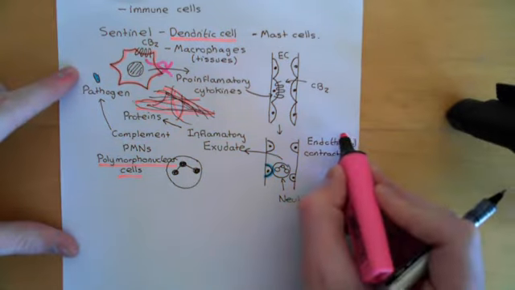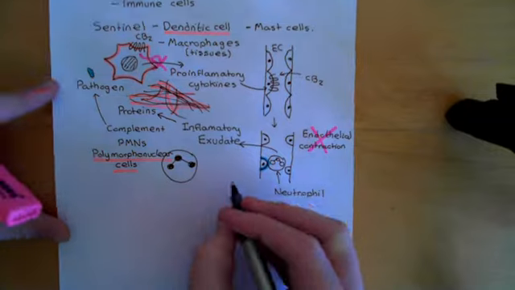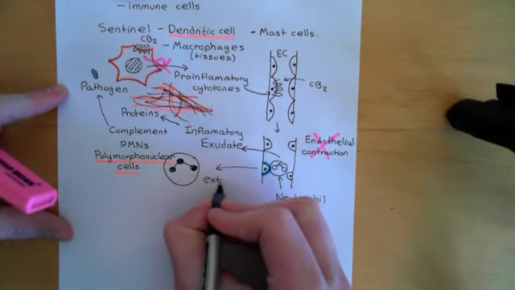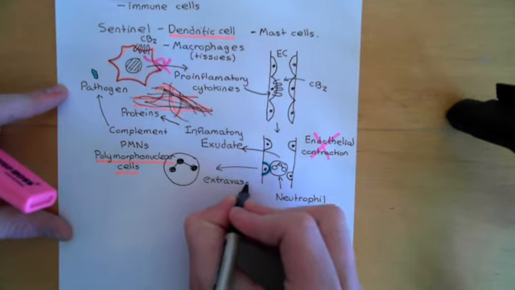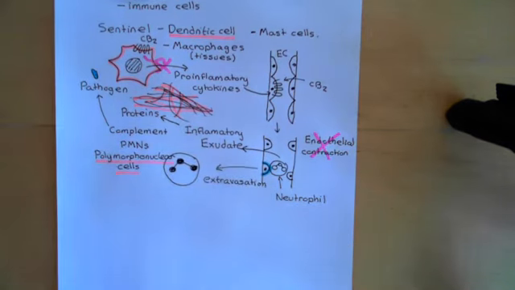So it blocks endothelial contraction, which blocks the production of the exudate, and it blocks this extravasation, as it's called, of leukocytes, principally initially polymorphonuclear cells. Later on, you'll start recruiting more fancy leukocytes like macrophages and eventually T and B cells potentially.